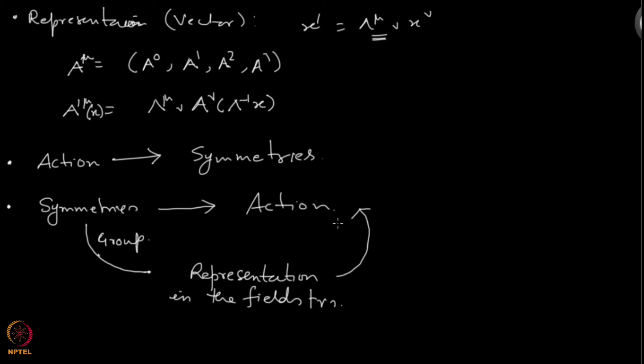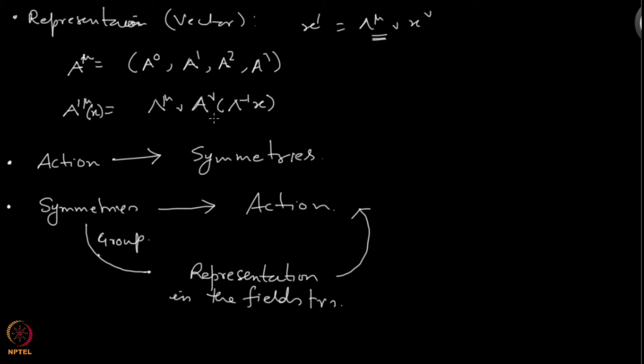And then you can write down the action. So, you write down all possible terms that are consistent with that symmetry, and once you have chosen your representation, or representations, so you might have multiple fields transforming differently under different representations of the same group, you write down the action that is consistent with those symmetries and including all the representations.